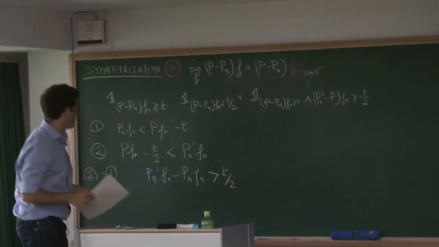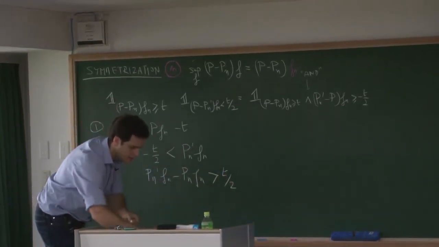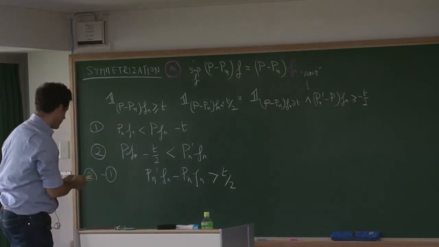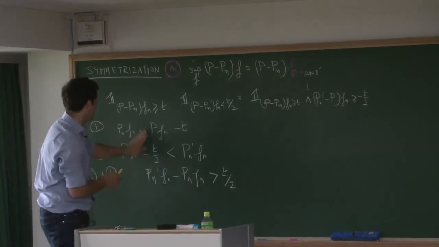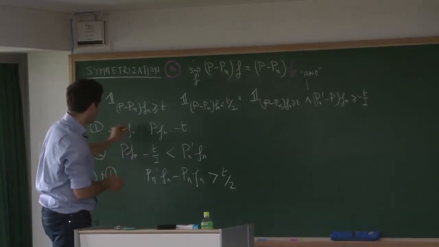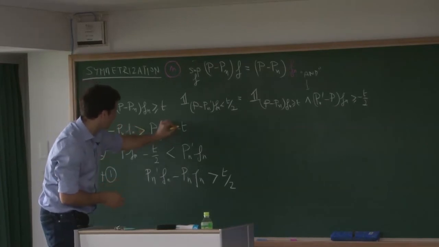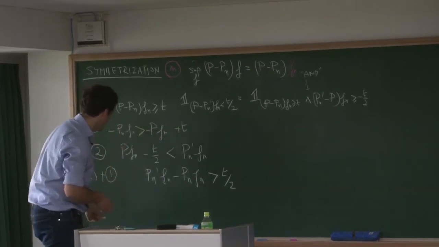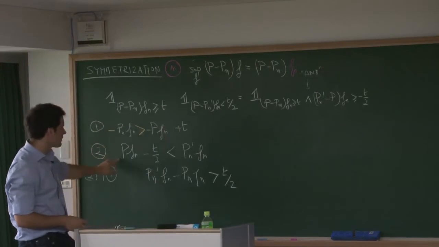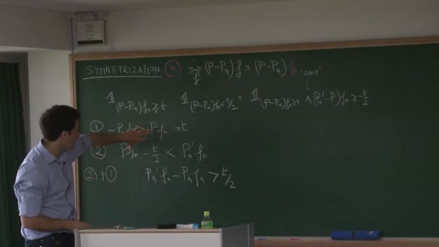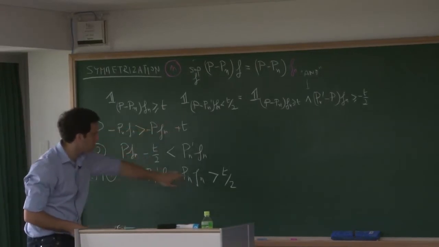Basically, if I just do 2 plus 1 and add the terms, t minus t divided by 2, those two terms cancel out, and I get this.